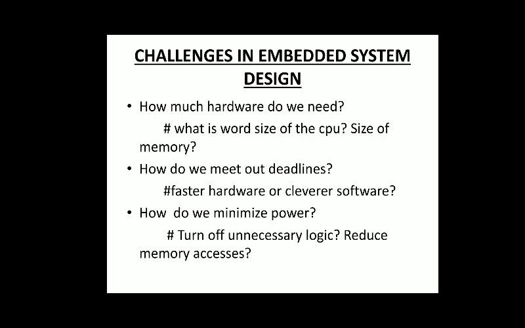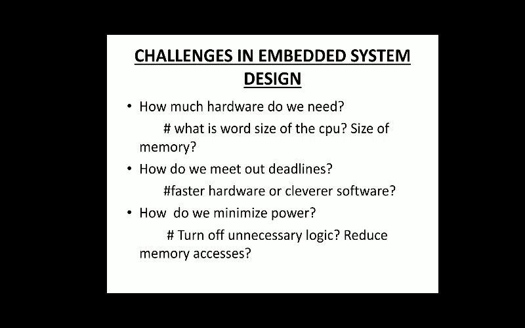Next, how do we meet our deadlines, with faster hardware or cleverer software? Deadline means that at a certain time we have to execute a certain task. So we will design cleverer software that will do that work cleverly, or faster hardware that will do that work faster.